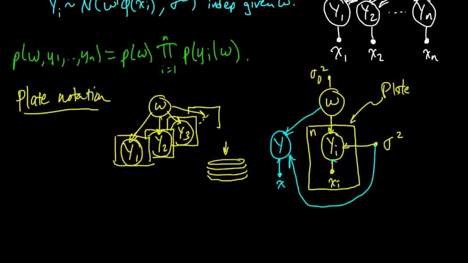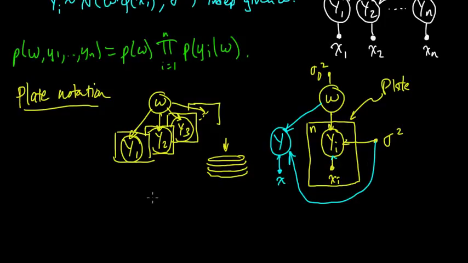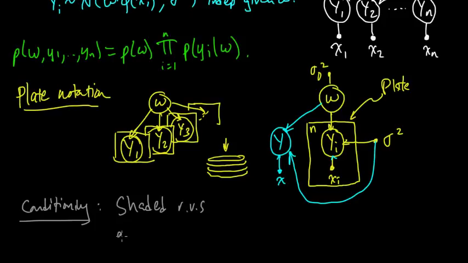So in a graphical model, when we want to indicate that something is being conditioned on, let me use a different color, gray. For conditioning, we use shading. Shaded random variables are conditioned on.